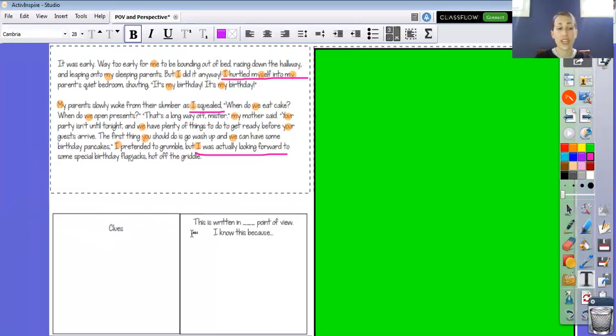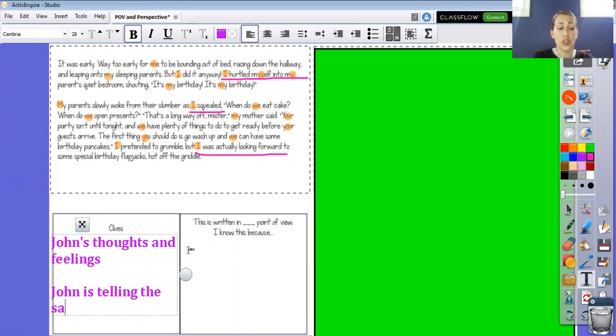So we know that it is telling us John's thoughts and feelings. We also know that John is telling the story. So since it is one character telling the story, and he's the main character, and we know all of his thoughts and feelings, this would be written in first person.